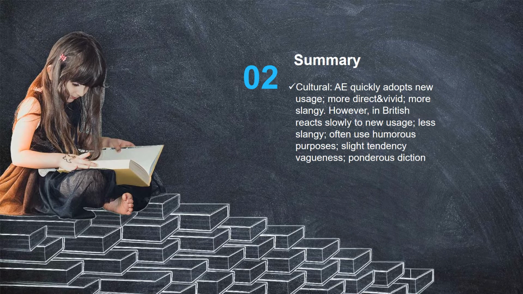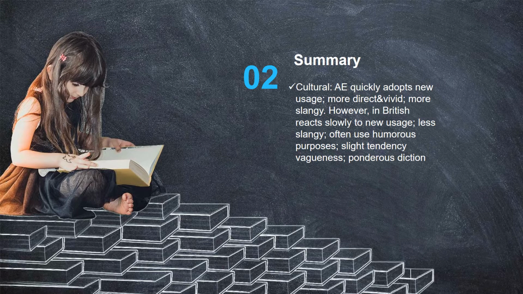However, the British react slowly to new usage. They don't really tend to use the new usage like Americans, and they keep the original English. And then last, slangy. They usually use the original language and it's really rare to use slang, and they often use it for humorous purposes.